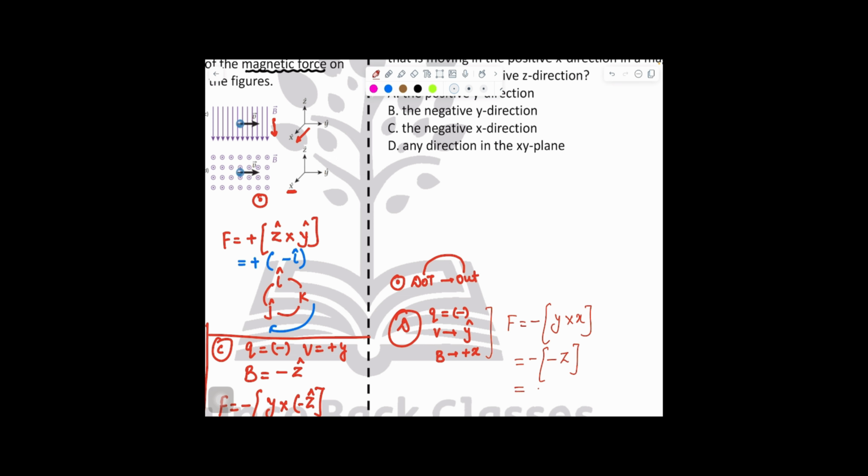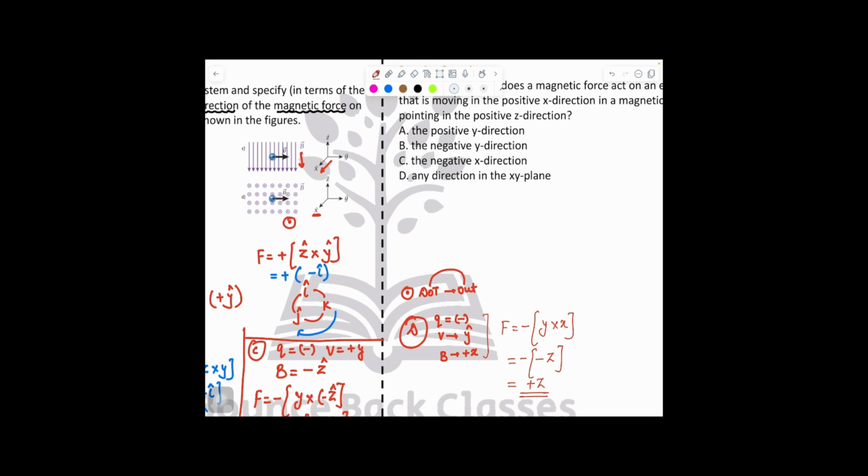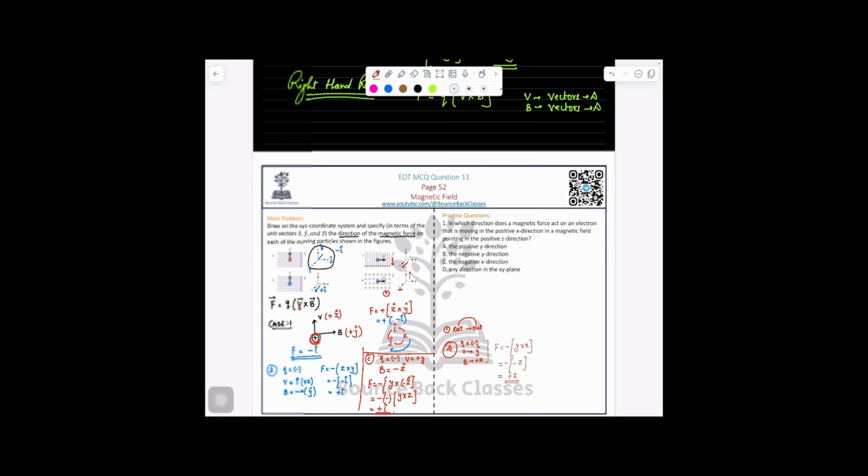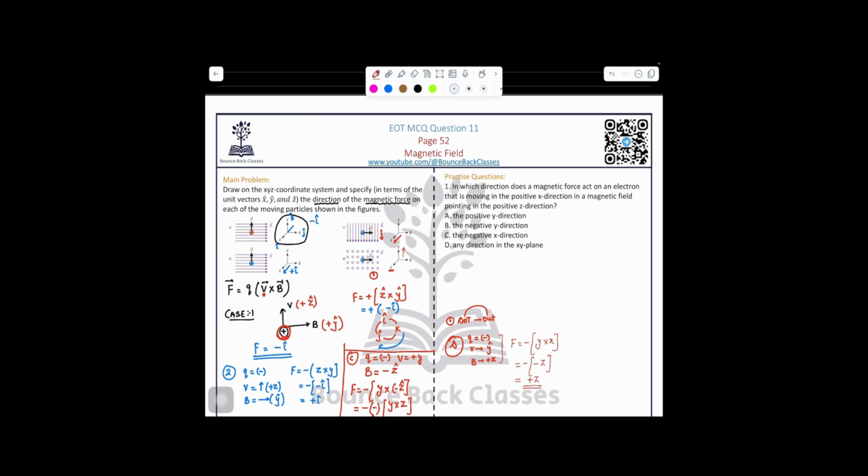So negative and negative become positive z, and this is your result, positive z. So it is going like this. Clear? Okay. And guys, seriously speaking, if you understand this question, then you are able to solve lots of questions. Just review this video 2 times, 3 times. Basically, focus on the vectors part so that it will become easy for you to solve the questions.